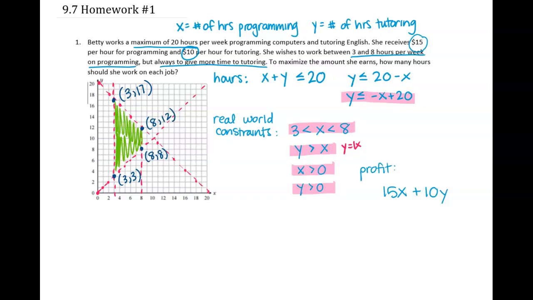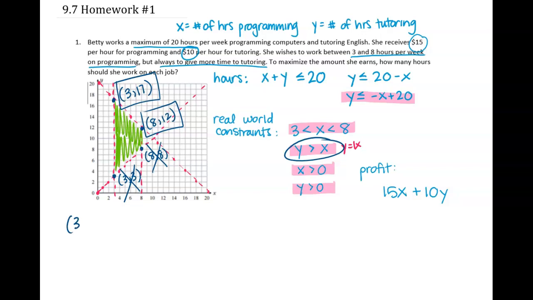So looking at our constraints, (3, 3) and (8, 8) will not work because y is not greater than x. So we don't have to test those. So we'll use (3, 17) and (8, 12) and see which results in a greater profit.